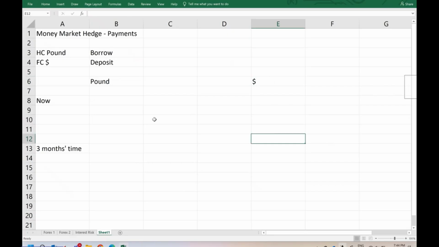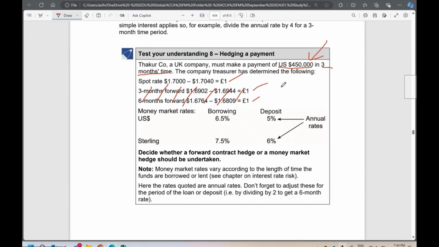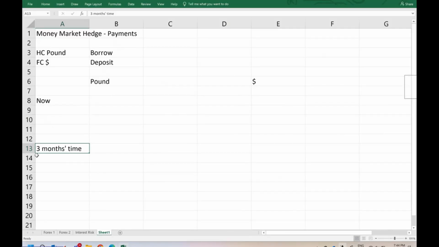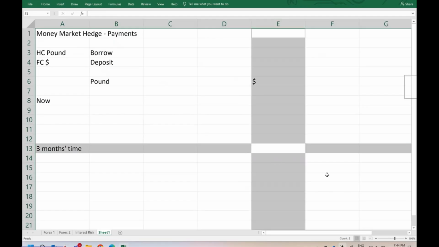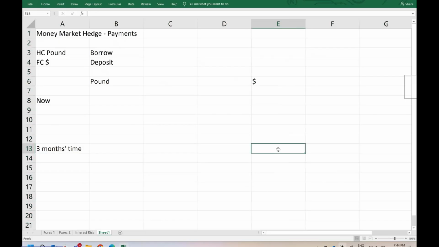Okay, so basically our payment is in 3 months time. How much payment we have to make? $450,000. I will just write the numbers here: I have to pay $450,000 in 3 months time.